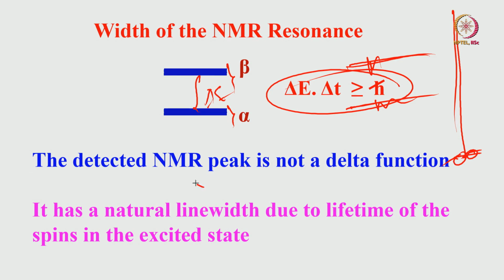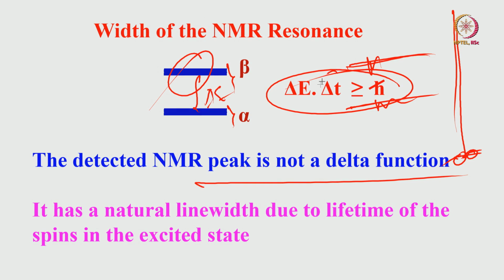The NMR signal is not a delta function because it has a natural line width. Why is this natural line width coming? It is due to the lifetime of the spins in the excited state. How long it stays in the excited state, okay? That is what defines the width of the NMR peak.